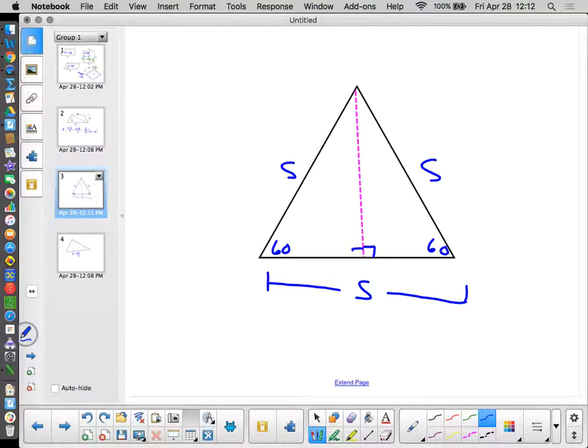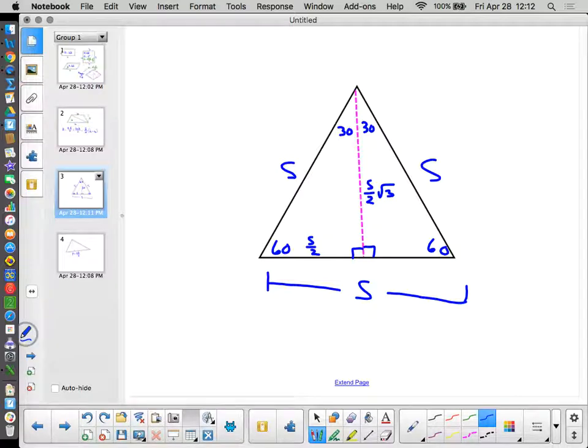And this is 90, so this is 30. Oh dear, what do we have? A 30, 60, 90 triangle. Yay, back to right triangles. But what do we know? We know that this would be S over 2, and this would be S over 2 times the square root of 3, wouldn't it?